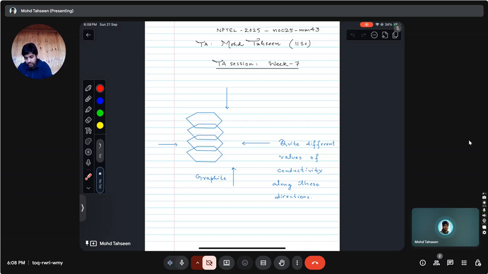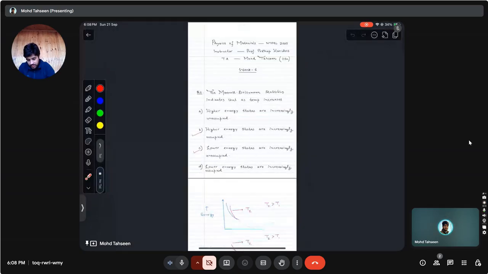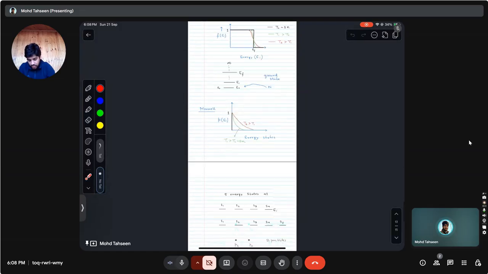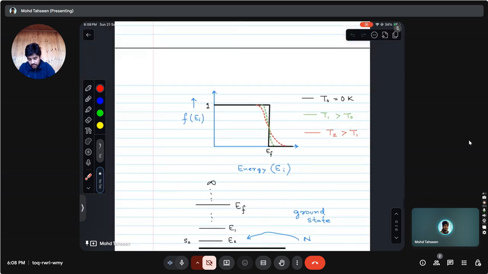So if I just show you the diagram that we obtained in the session prior to that, we saw that the distributions look like this. On the y-axis here, we have the probability of occupancy of energy levels, which are designated by EI, and on the x-axis here we have the energy levels EI, right?